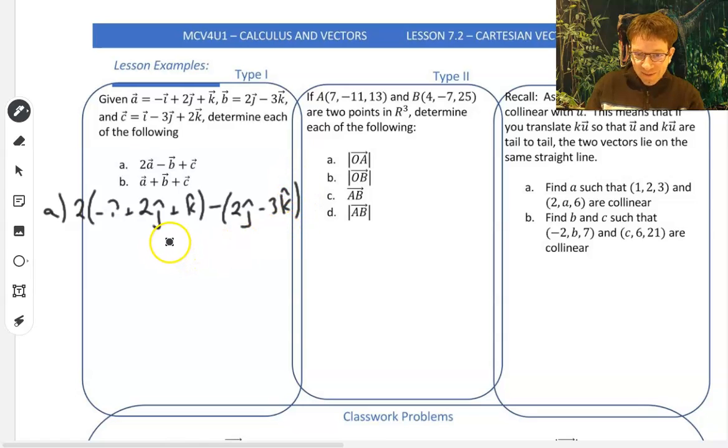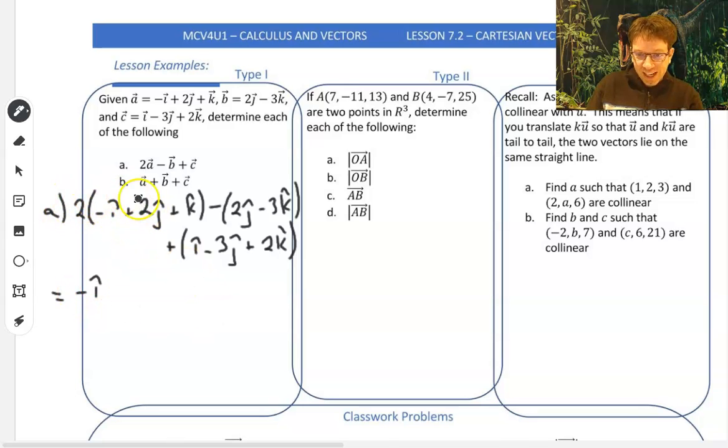I'll just go down here, plus c, and c is just i minus 3j plus 2k. So what we're just doing here is collecting all of our unit vectors for i and adding them together. So here we have negative 2i. We don't have any i's here. Plus i. So that just gives us negative i.